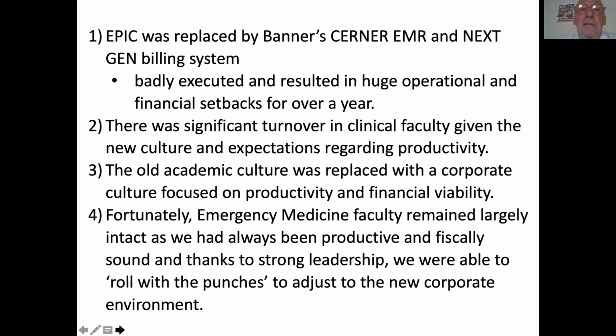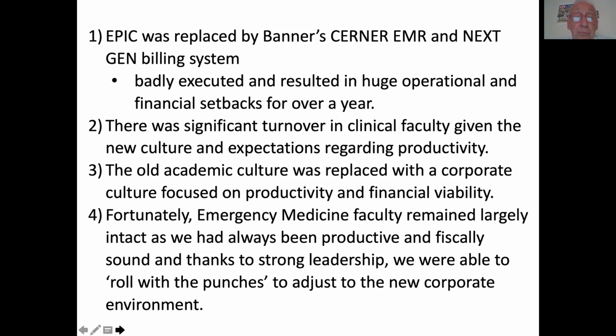They had installed Cerner in 28 other hospitals, many of which are smaller community hospitals, and were really overconfident that this was going to be easy. They discovered that an academic medical center is a lot more complicated than a community hospital, and as a result, the conversion really failed, and it took us about a year to recover.